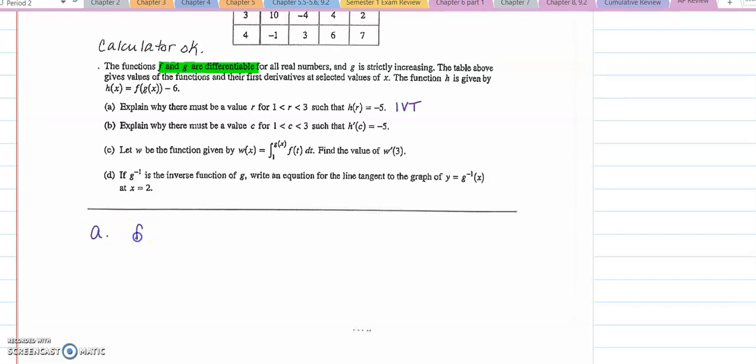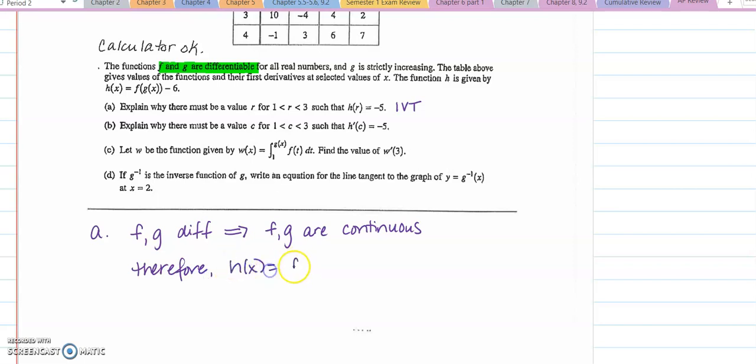We know that f and g are differentiable, and that implies that f and g are continuous. Therefore, h, which represents a composition of continuous functions, is also continuous.